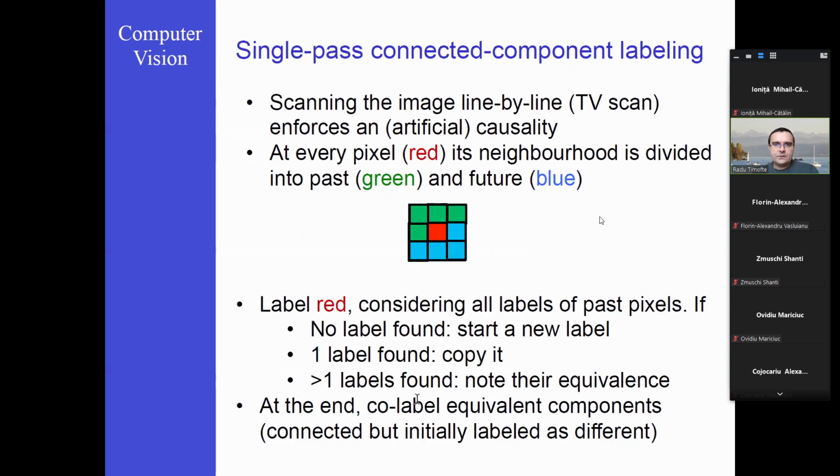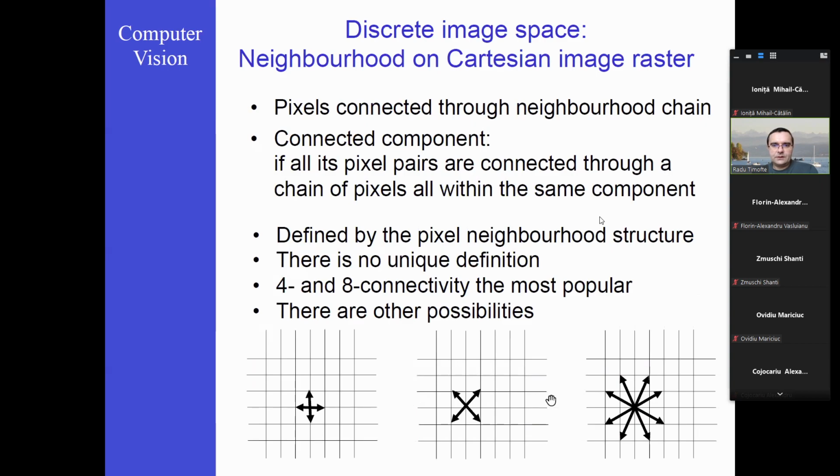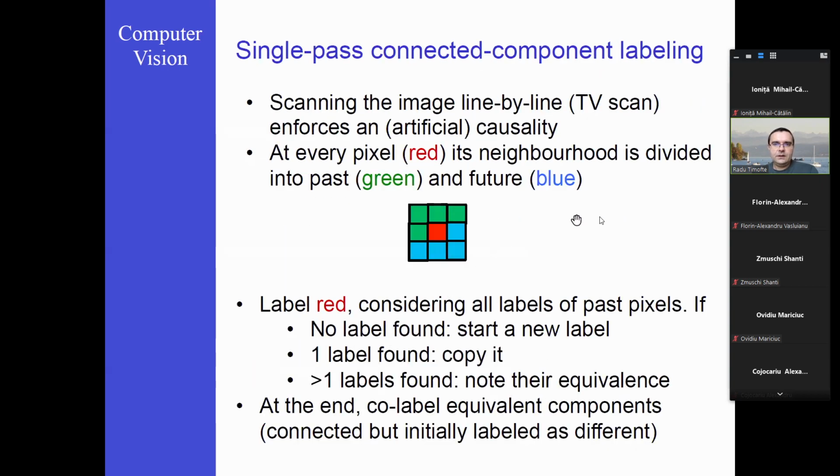Once we have this definition, in order to label the connected components, we can apply some simple algorithm. That means we are going line by line, a so-called TV scan or television scan. So pretty much we are just going from one row to another, in a left to right, left to right manner.